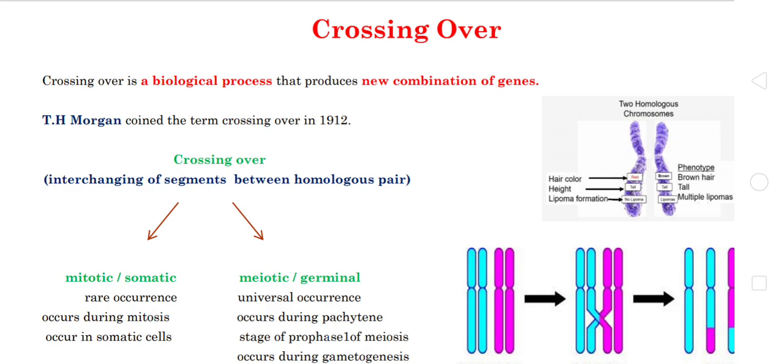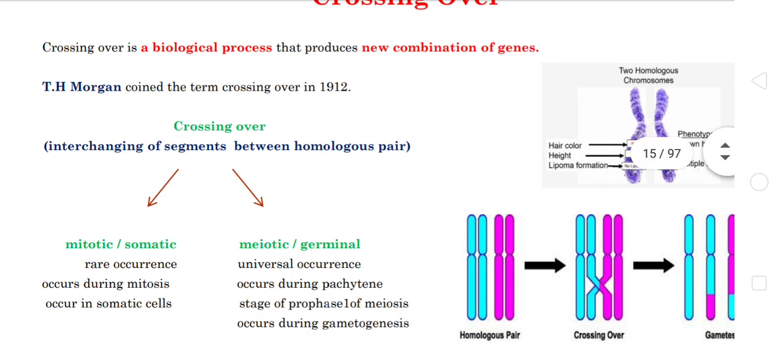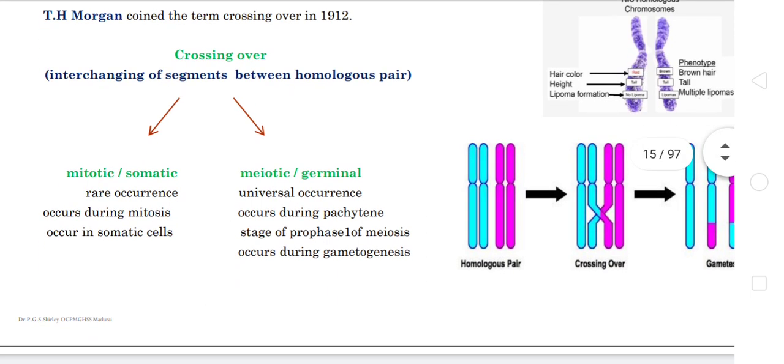Especially this type of crossing over is seen in the meiotic phase. During the Pachytene stage of prophase 1, crossing over can occur. Crossing over is divided into two types: mitotic crossing over and meiotic crossing over. Mitotic means somatic cell.